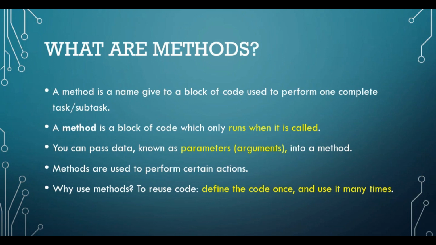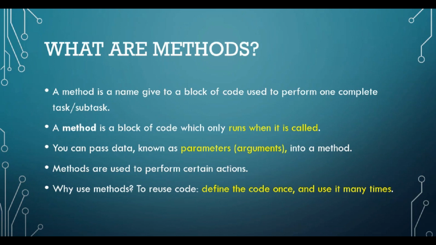Methods are used to perform certain actions, and we use methods when we need to reuse code. For example, I have a small piece of code written to find the factorial of a number. Whenever I need to find the factorial of a number, I will simply use the factorial method.